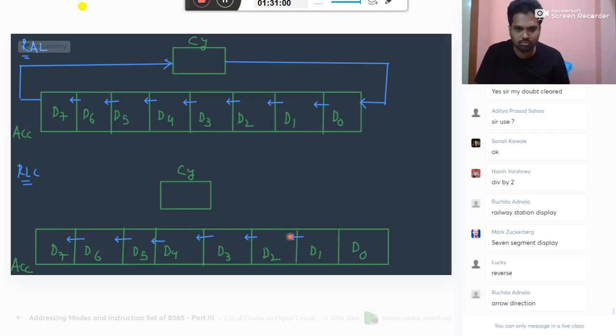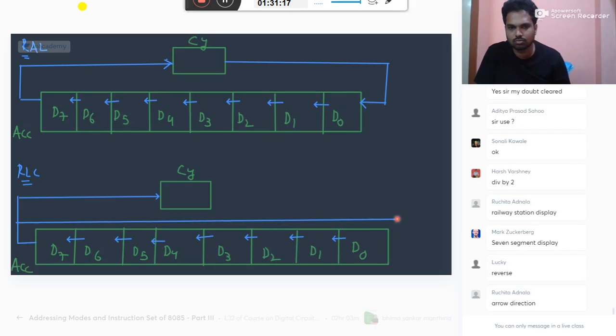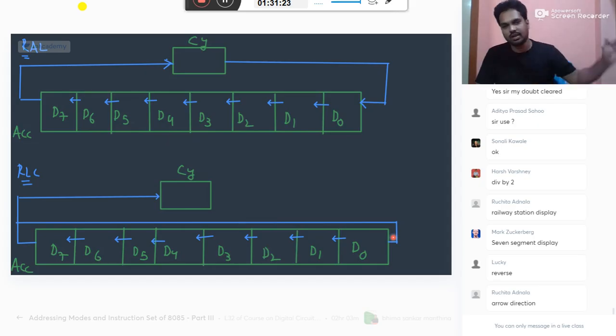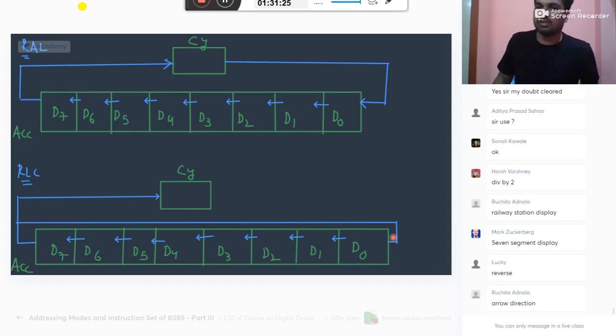Listen here. If you have 25, finally your logical instructions completed, carry equal to 0. For example, this is the instruction. If I say RAR, what is the answer?